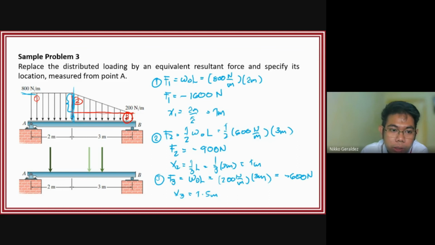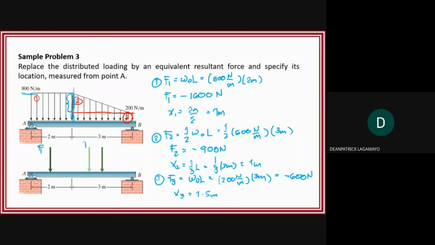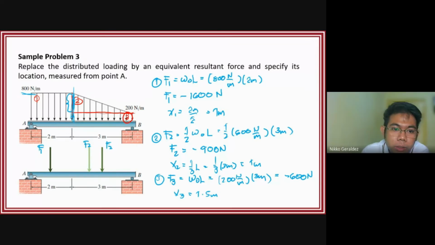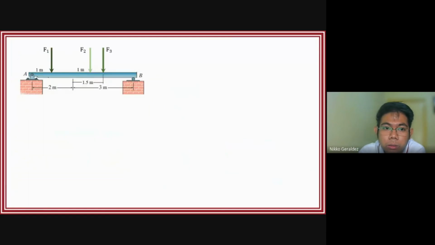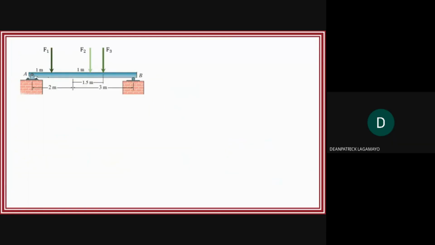So this is your F1, F2, and F3, all downward forces. Now let's get the resultant.